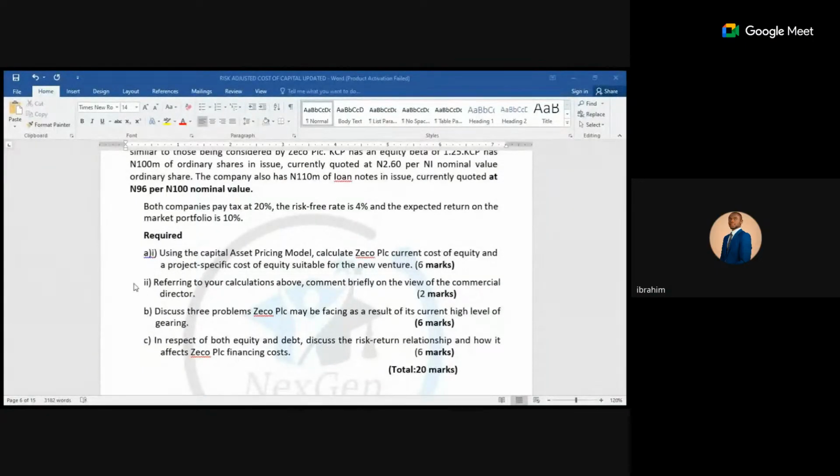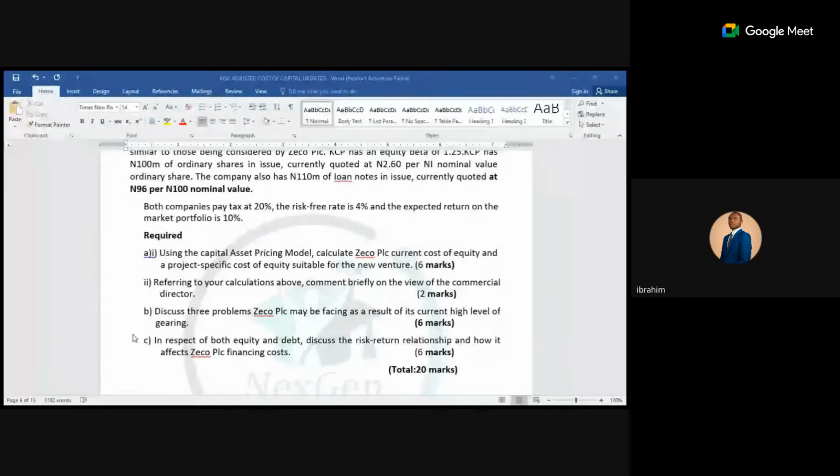Now, when you read the first required, using the capital asset pricing model, calculate the Zeco PLC current cost of equity and a project specific cost of equity suitable for the new venture. So you should know that the first one you have to calculate is just the company's capital asset pricing model without adjusting for risk. And then a project specific one. That is when you will now do your project specific cost of equity.